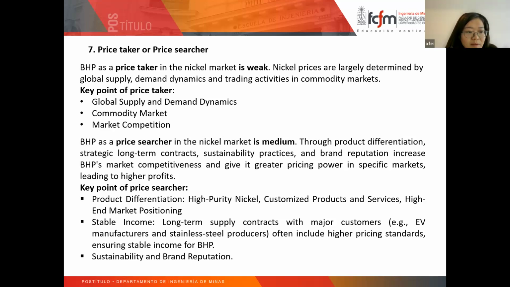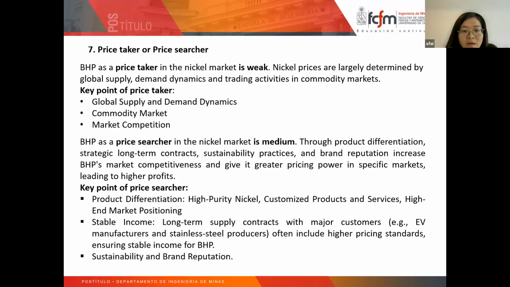The next one is stable income. Long-term supply contracts with major customers, for example, EV manufacturers and stainless steel producers, often include high price standards, ensuring stable income for BHP.